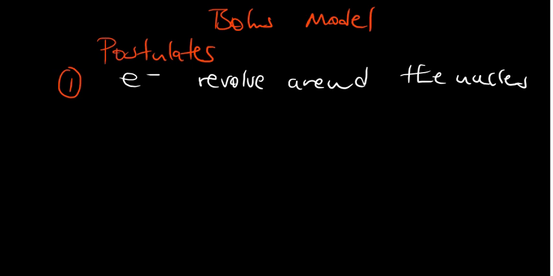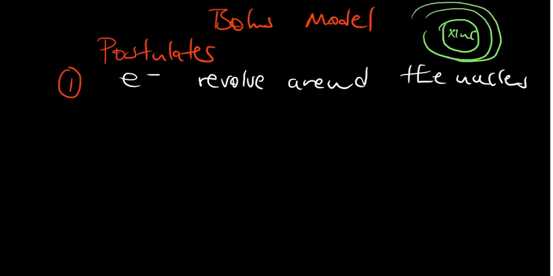So that's one of the postulates. That's why when we're drawing an atom, we've got the nucleus inside, and then we tend to put the shells around. And the first postulate is that these electrons revolve around in the shells.